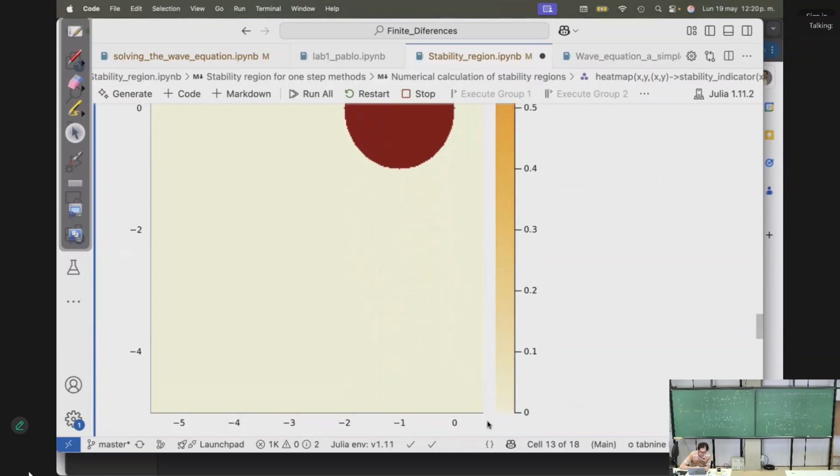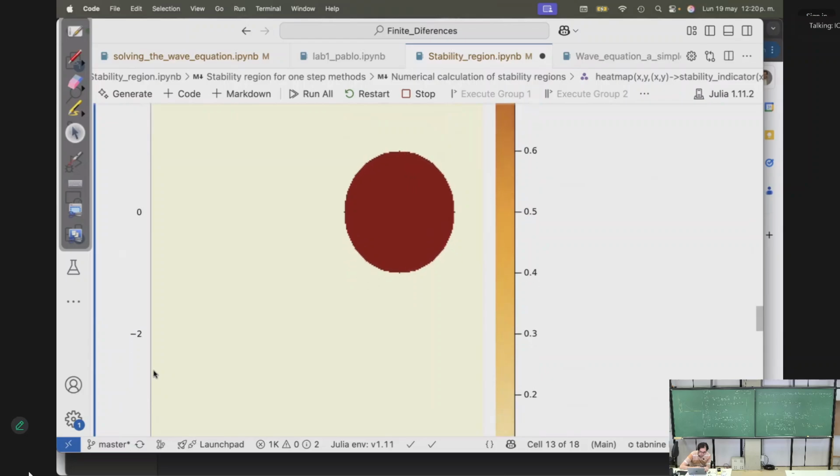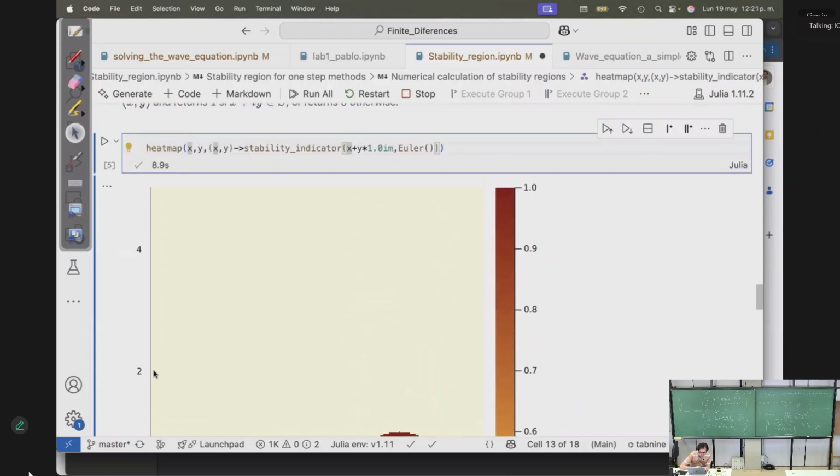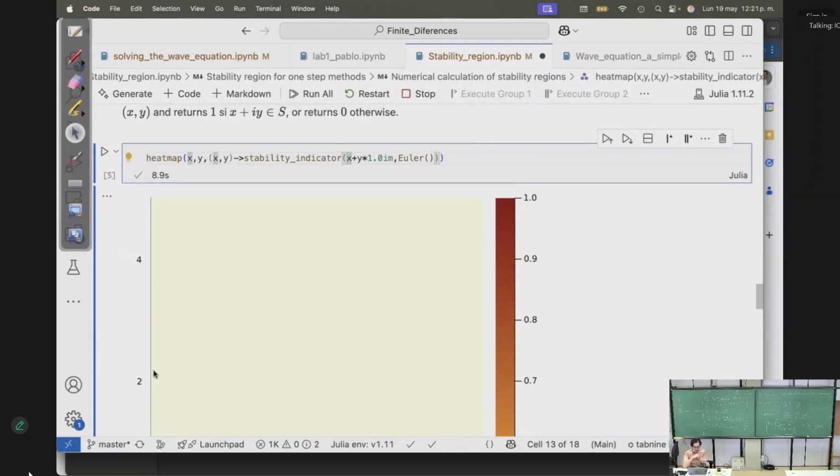X will go from 0 to -5, and y will go from -4 to 4, and these will be the real and imaginary parts. We are plotting x, y, and this is a function that takes x and y and gives us the stability indicator of this value, x plus y times the imaginary unit, so this is a complex number, using the Euler method.